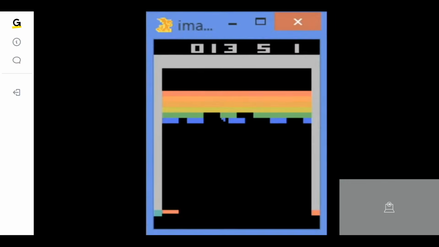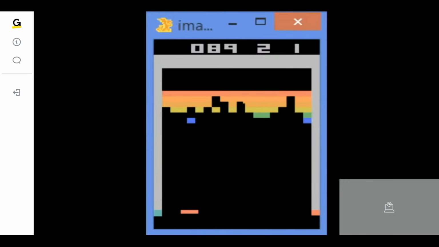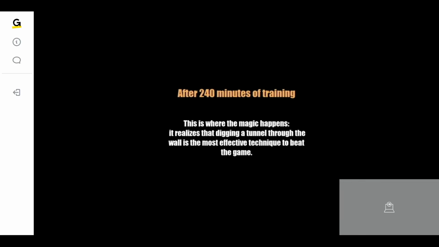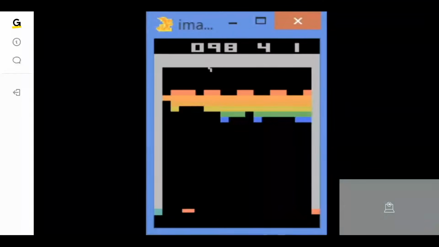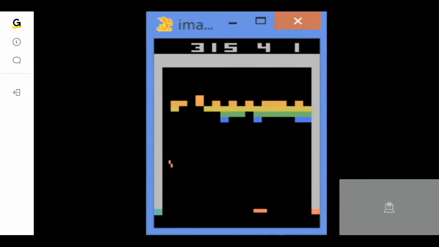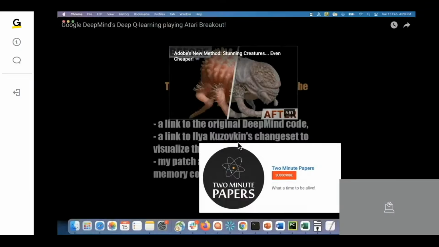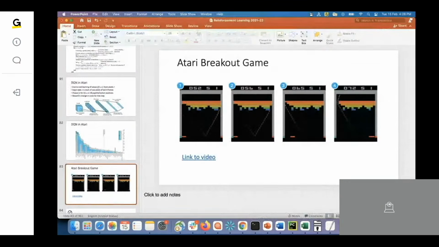After considerable amount of training, it is able to move the paddle very accurately. So just from the screen and with a lot of training, playing a lot of instances of these games, it is able to recognize these strategies, right?